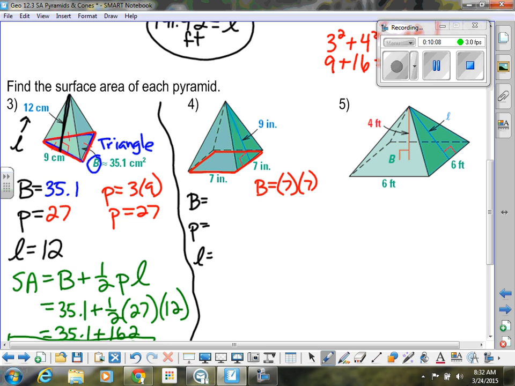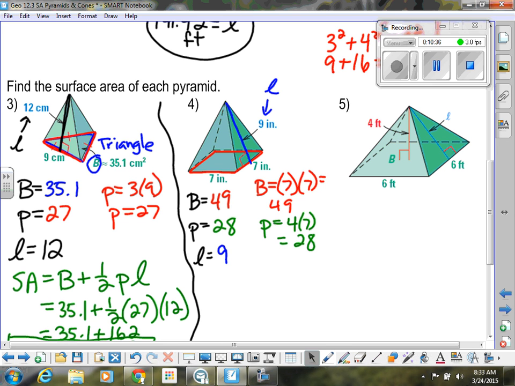So 7 times 7, which is going to be 49. So my B is 49. My perimeter is just going to be 4 of those lengths, so 7 plus 7 plus 7 plus 7, or 4 times 7. So that gives me 28. And again, they gave me the slant height right here, so I don't have to do any figuring there.